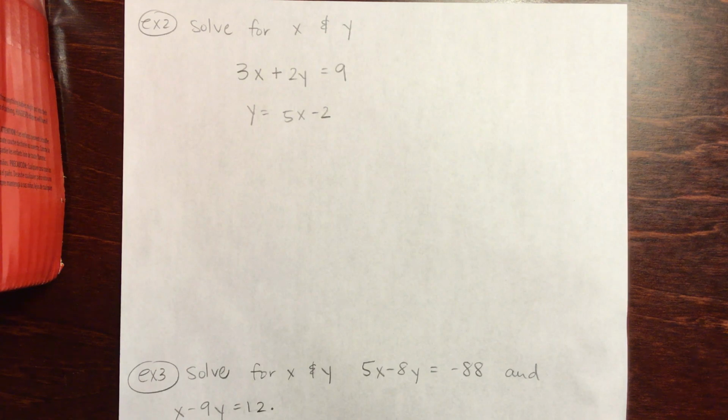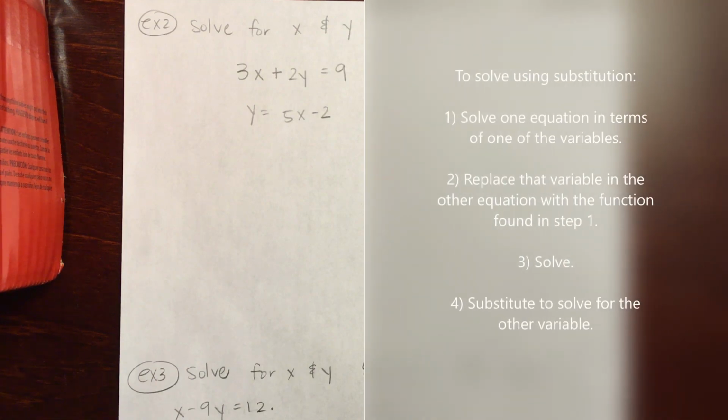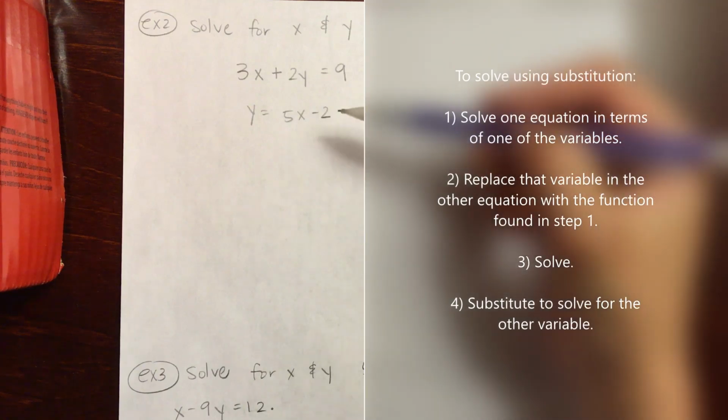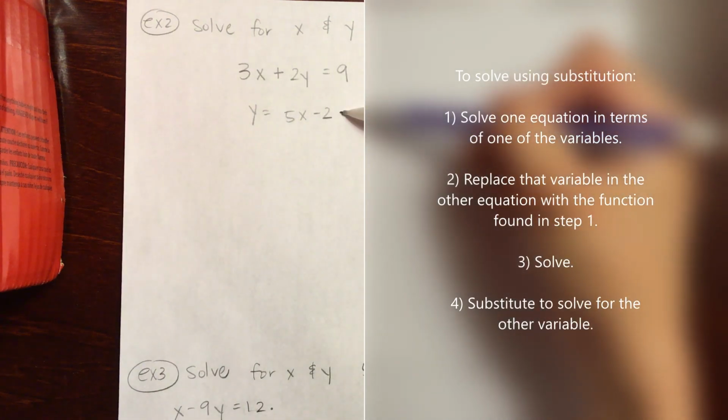So let's start. We're going to do two examples of substitution. So in order to solve a system using substitution, first you want to solve one equation in terms of one of the variables. Luckily, we already have that in this example. It's already written y equals. x equals is also okay. Step 2, replace that variable in the other equation with the function found in step 1.